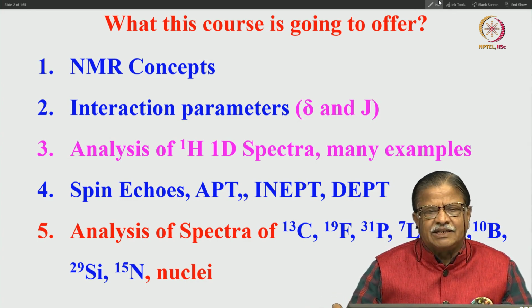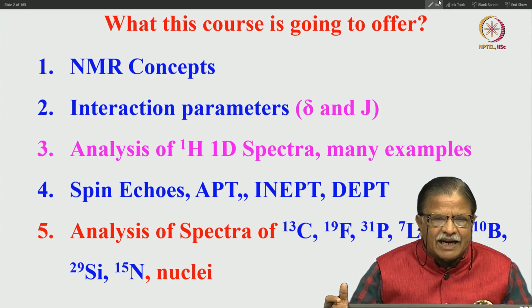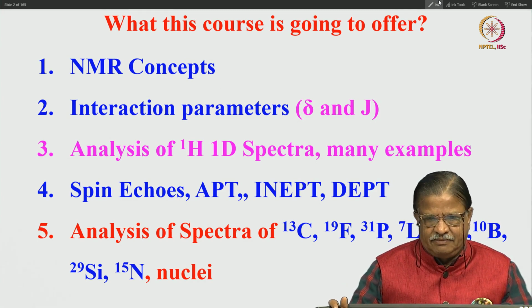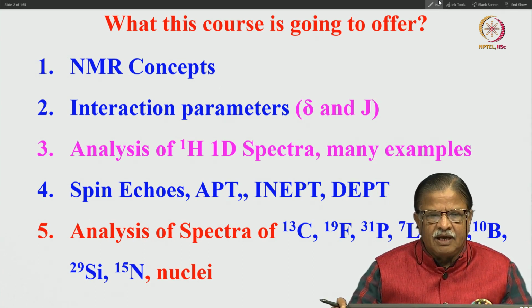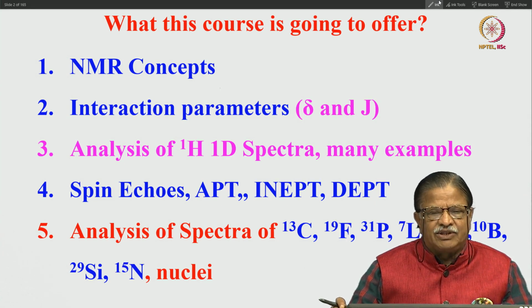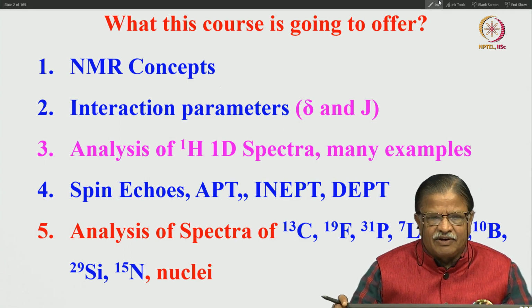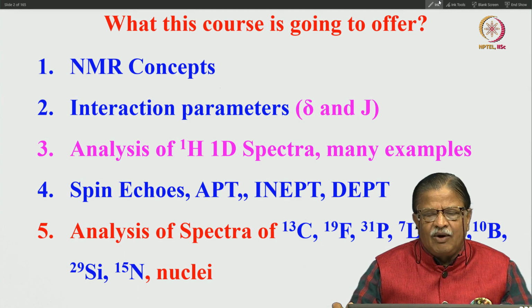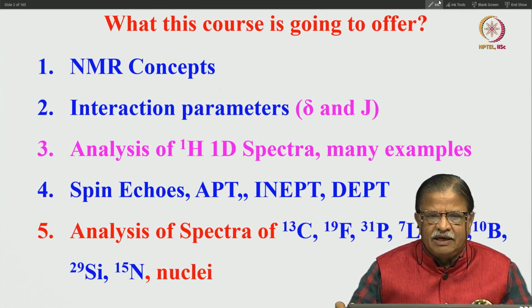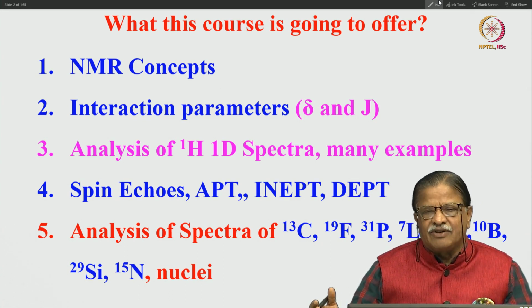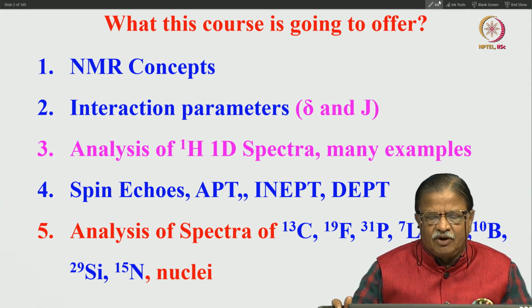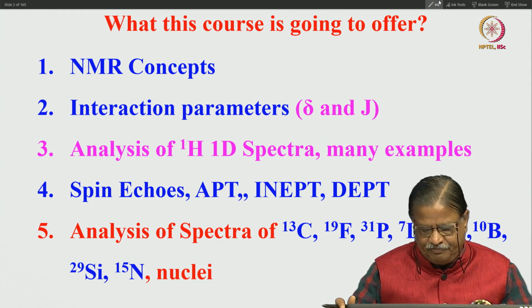Subsequently, we discuss more about the interaction parameters such as chemical shift and scalar couplings. After introducing these two parameters and discussing them extensively, we will analyze one dimensional NMR spectra, where I am going to take a lot of examples to make you feel more comfortable.